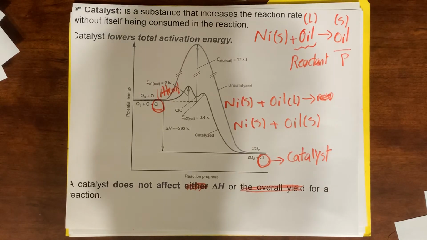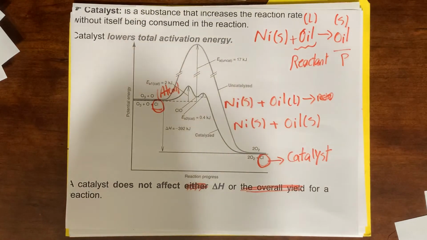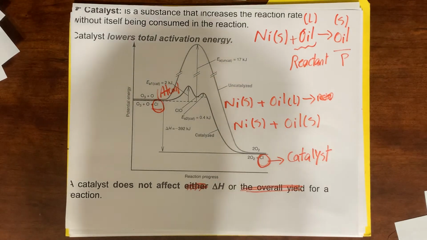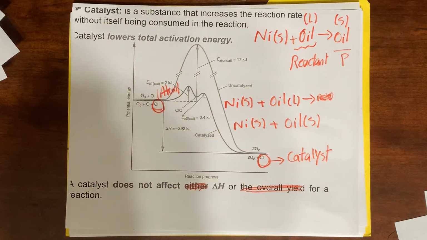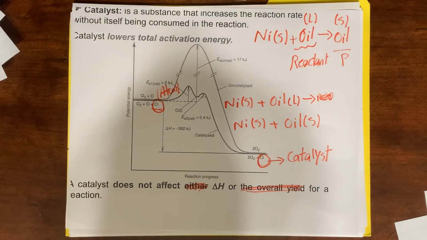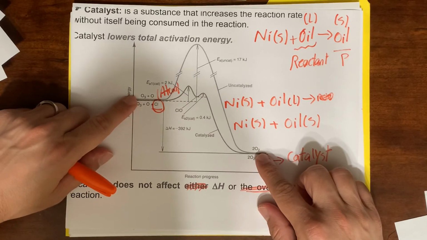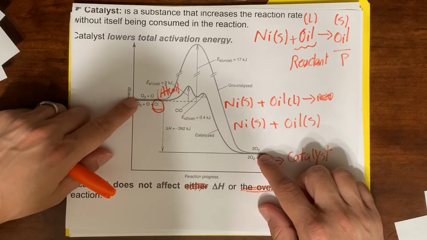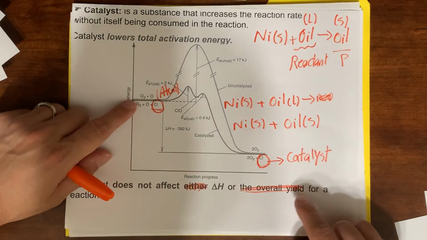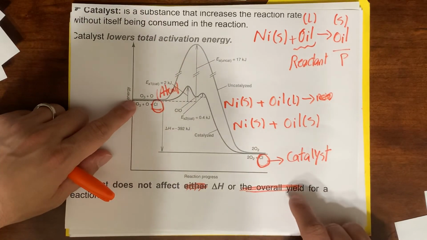So the delta H, or the gap between reactant and product, is not going to go up or down, because the gap between reactant and product we call delta H. In both cases, we did not change it. But the yield can go up or down. This is not correct, sorry about it.